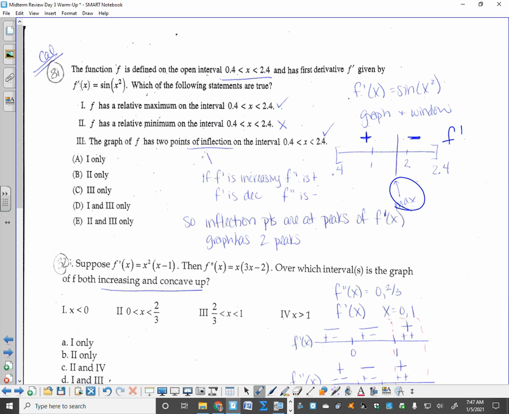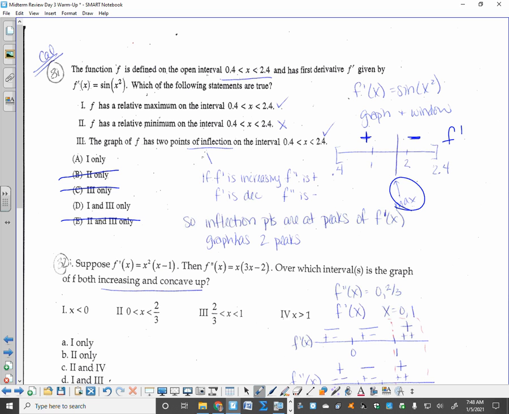Yeah, absolutely. F has a relative min? No, because it doesn't go from negative to positive. It goes from positive to negative. So 2 is out. And 1 is true. So now I just have to see if 3 is true.